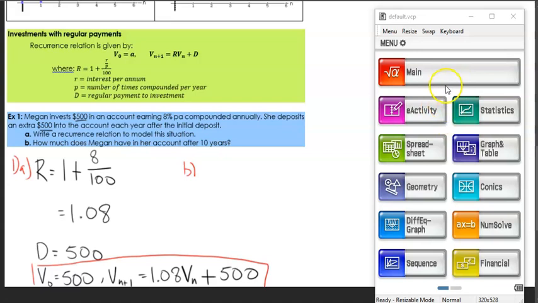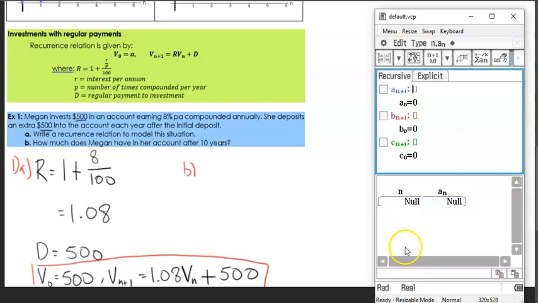In order to do this, get your calculator out, press the sequence function or the sequence app, and in here we're just going to copy down the recurrence relation which combines the two. So it's 1.08 multiplied by V of n, in this case A of n, plus 500.